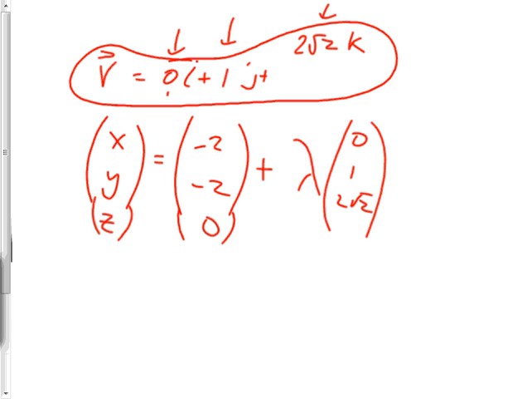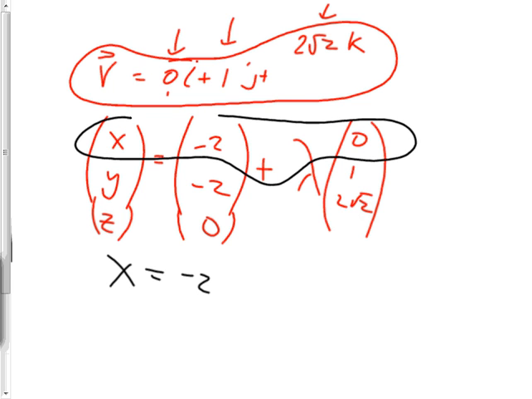Okay, so here's your 3 little equations. X equals -2, and I'm just going across the top here. I just got to pick up that lambda. It's kind of sort of missing it there, but plus 0 lambda. What the heck is 0 lambda? It's 0, and therefore it's just -2. Okay, the next one is y equals -2 plus 1 lambda.